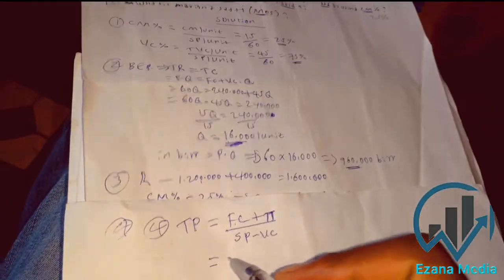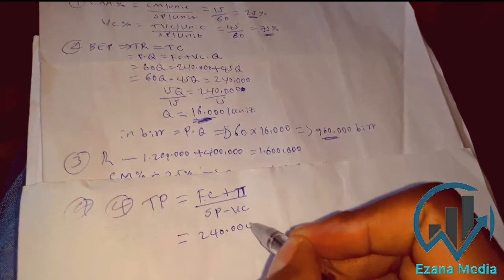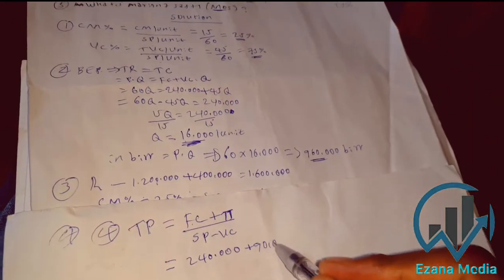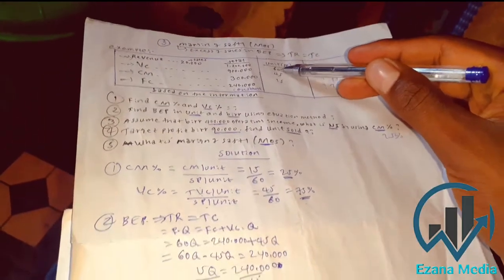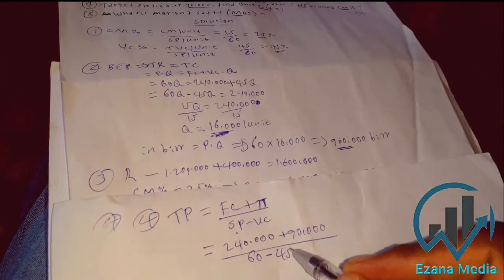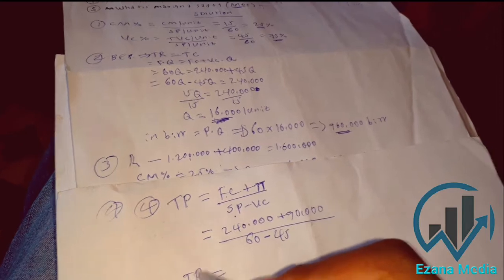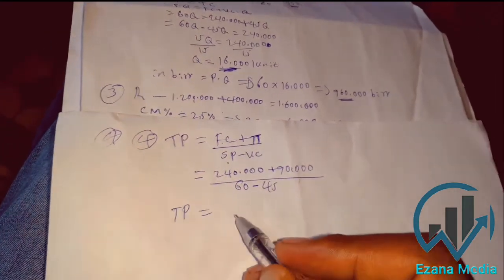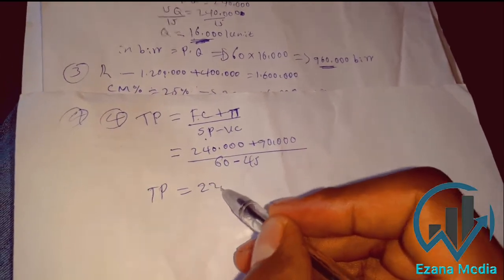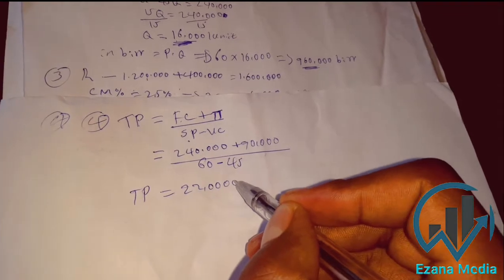That means target profit is equal to fixed cost, which is constant, 240,000, plus profit 90,000, over selling price, which is constant and given, 60, minus variable cost, which is given, 45, is equal to 22,000.